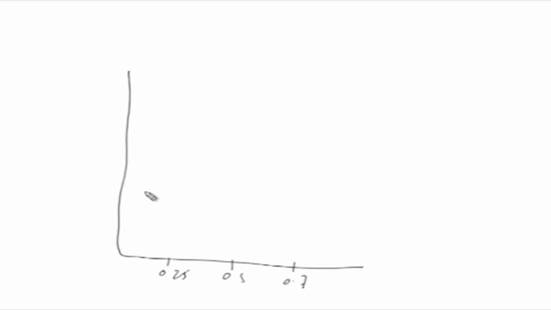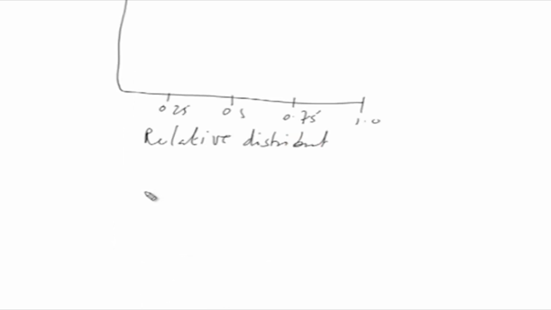On this axis it is the relative distribution on the column, and on the y axis it is the relative solute concentration.